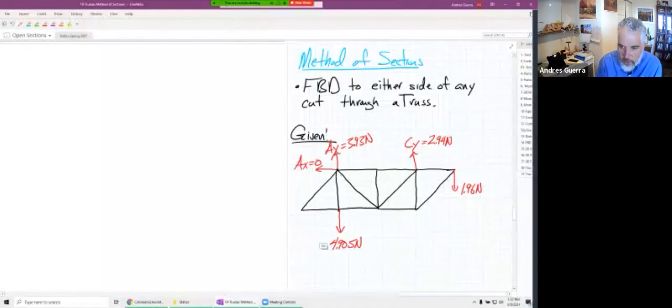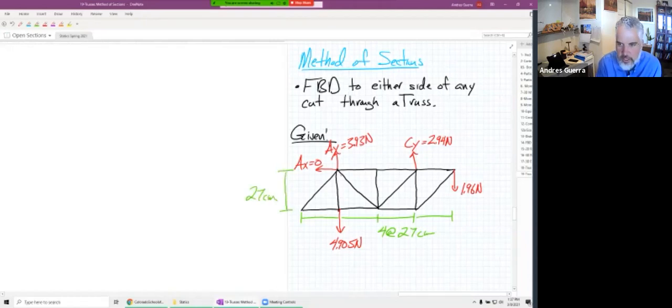We can throw a little bit of geometry on there. All of our distances, remember, are 27 centimeters. I'm going to label this 4 at 27 centimeters, and then our height over here, also 27 centimeters. And then let's label all of our points here: A, B, C, D, E, F, G, and H.